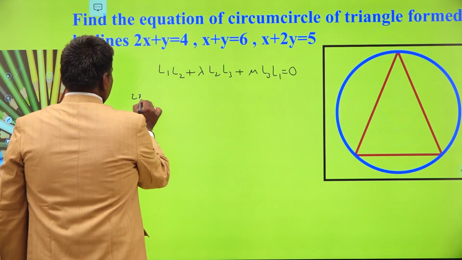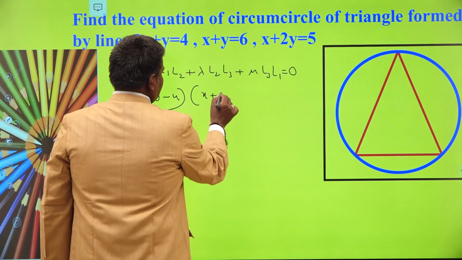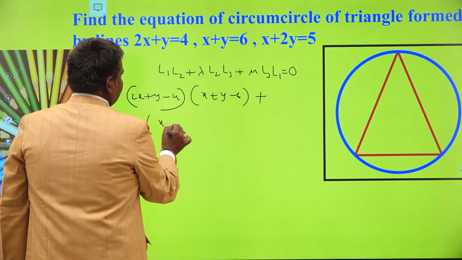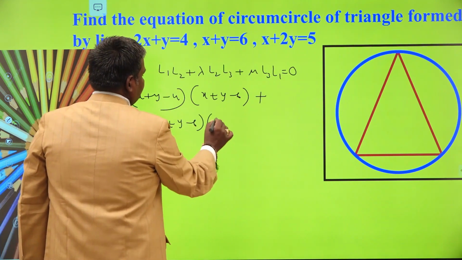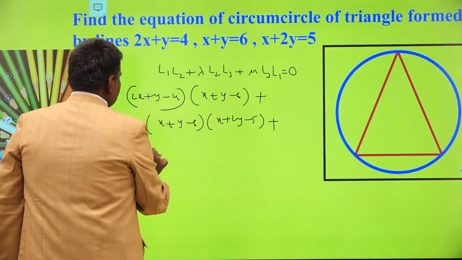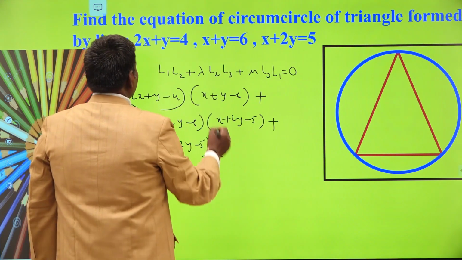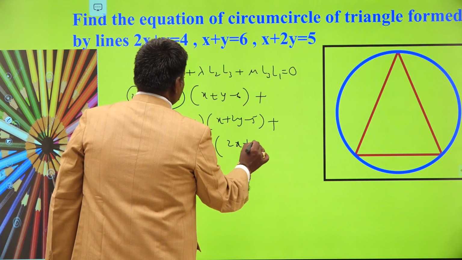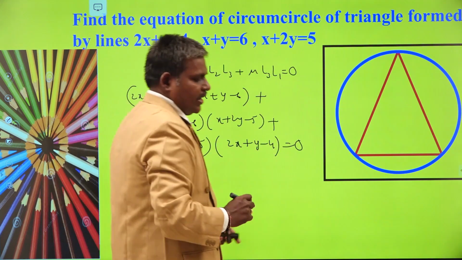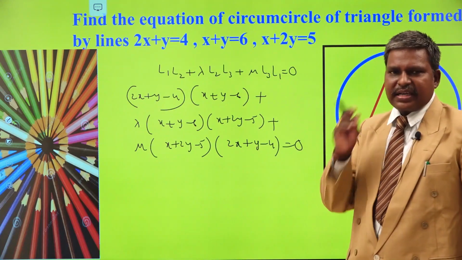That means: (2x plus y minus 4)(x plus y minus 6) plus lambda (x plus y minus 6)(x plus 2y minus 5) plus mu (x plus 2y minus 5)(2x plus y minus 4) is equal to 0. This is the required equation of circles. Is it a second degree equation or not? Yes, it is a second degree equation.